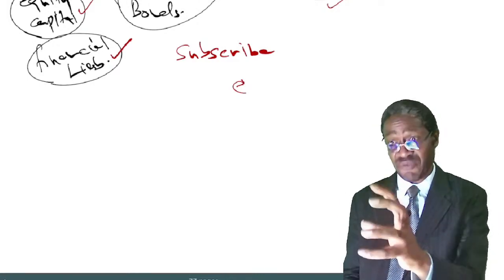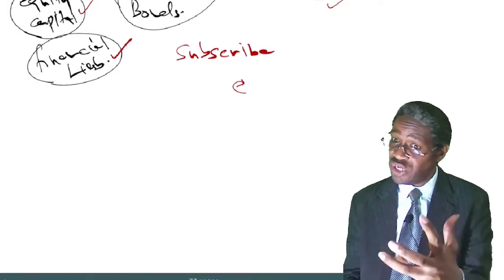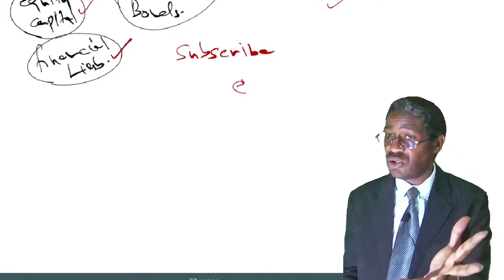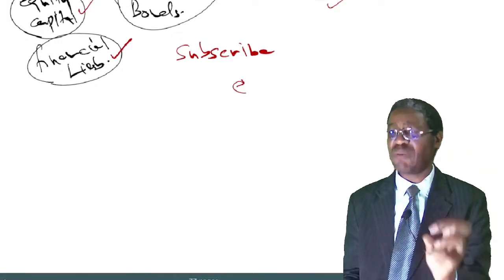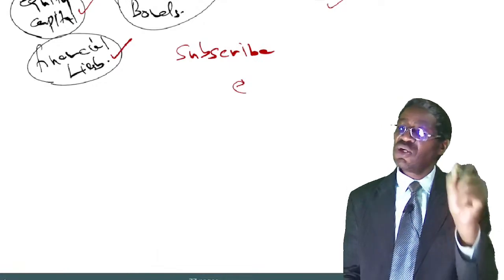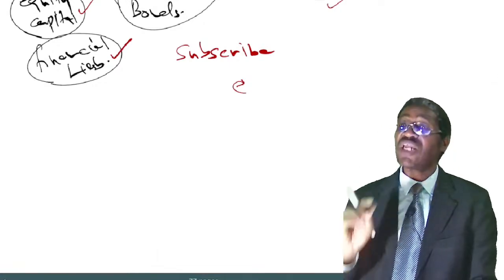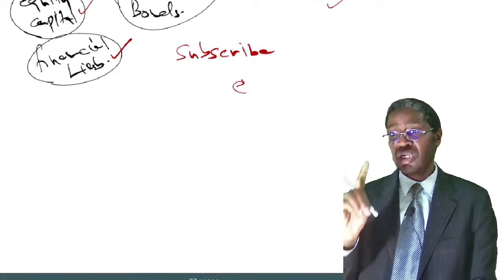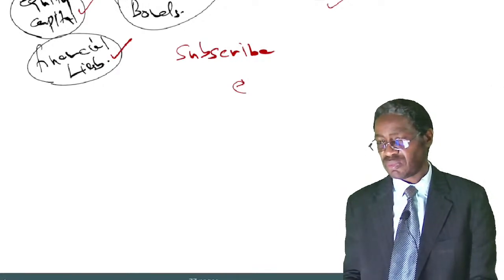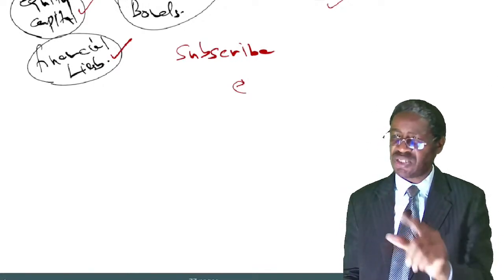So if you are disconnected, especially when you're watching a live video, for recorded ones that may not be a big deal, but for live video, you can refresh your page. Click the refresh button. That will bring you back to class.